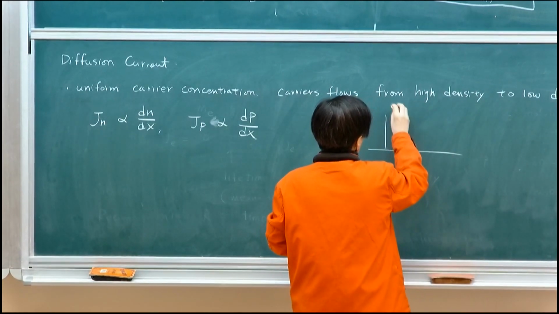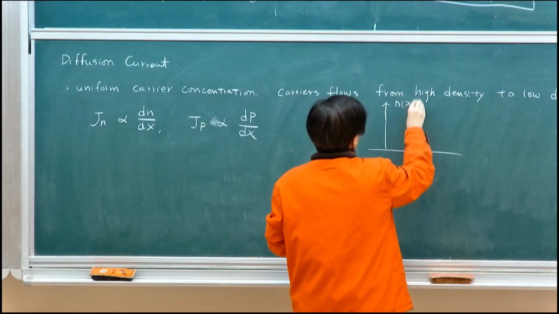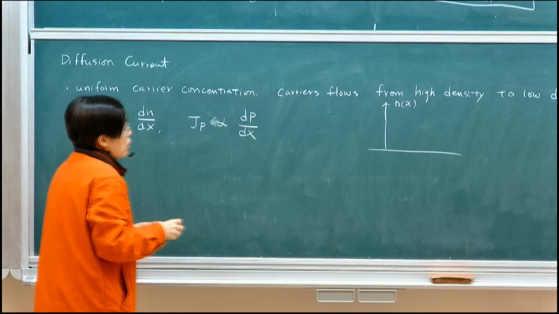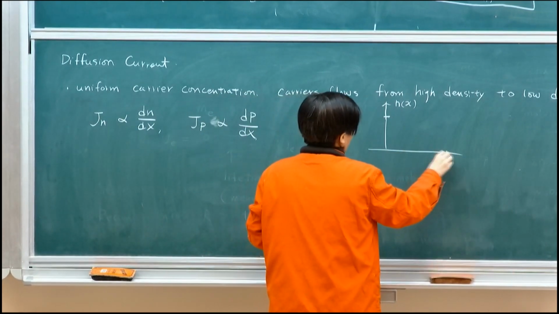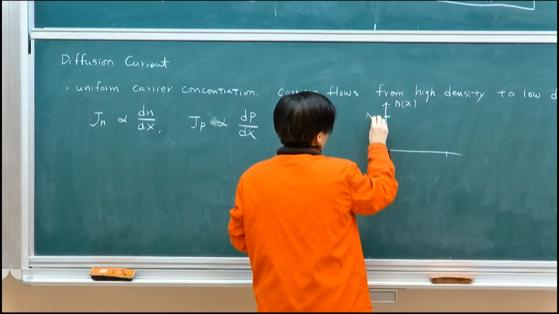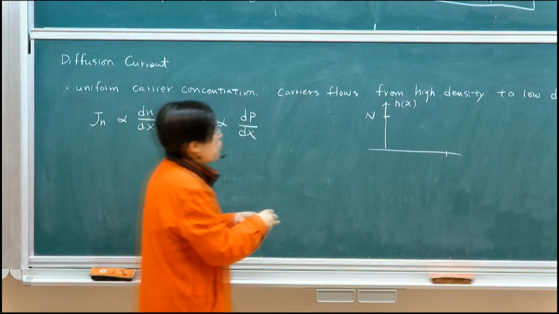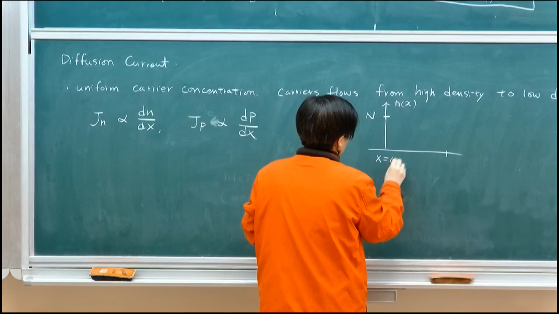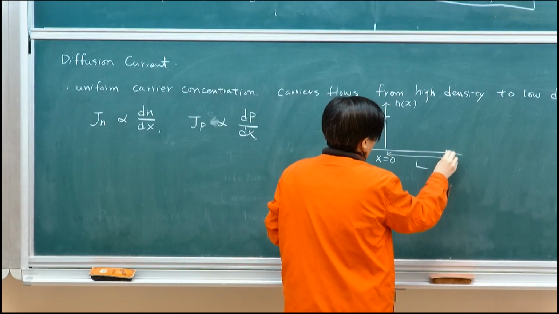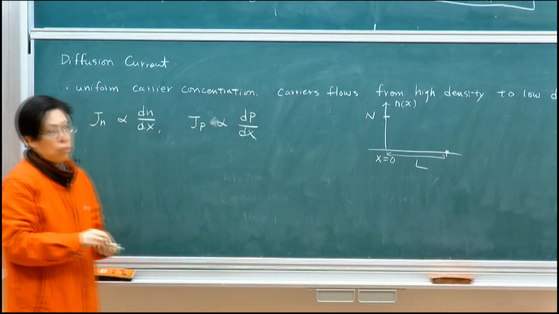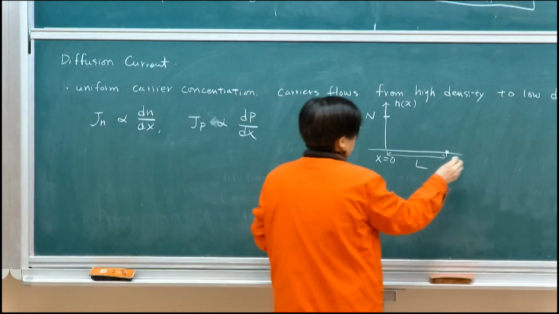If I'm plotting n as a function of x, for example, I have a level of carrier concentration at x equal to 0, which is here, and this is the distance L. At this particular point, it's governed by some particular structure that keeps it at 0.